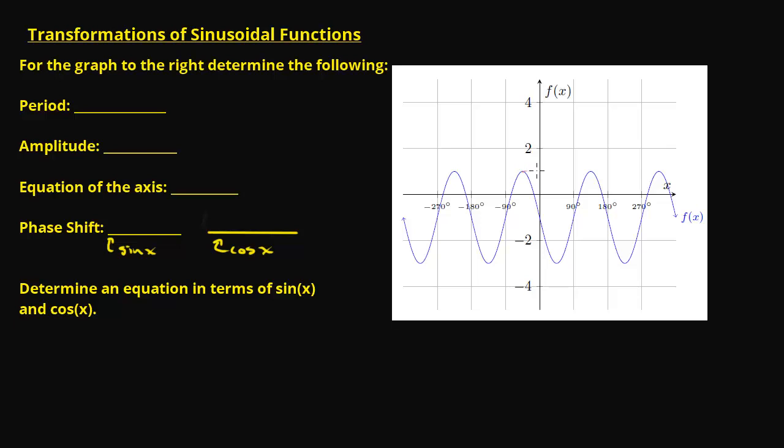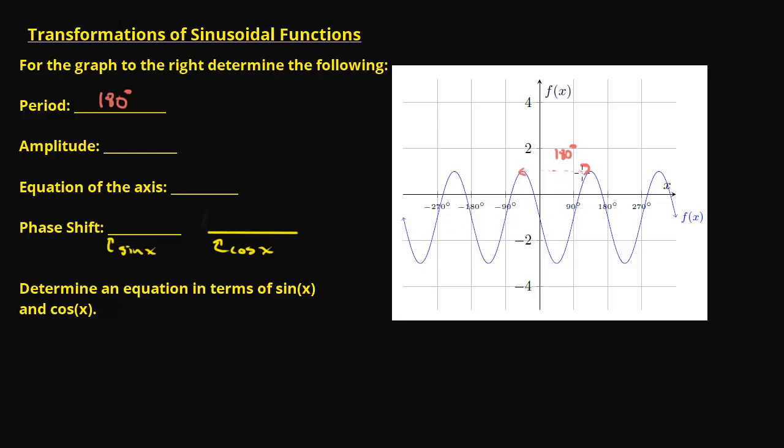So we've got 45 degrees plus 90 plus 45 degrees more. So this distance is 180 degrees, which is 45 plus 90 plus 45, or 90 plus 90, which is 180 degrees. So the period is 180 degrees.